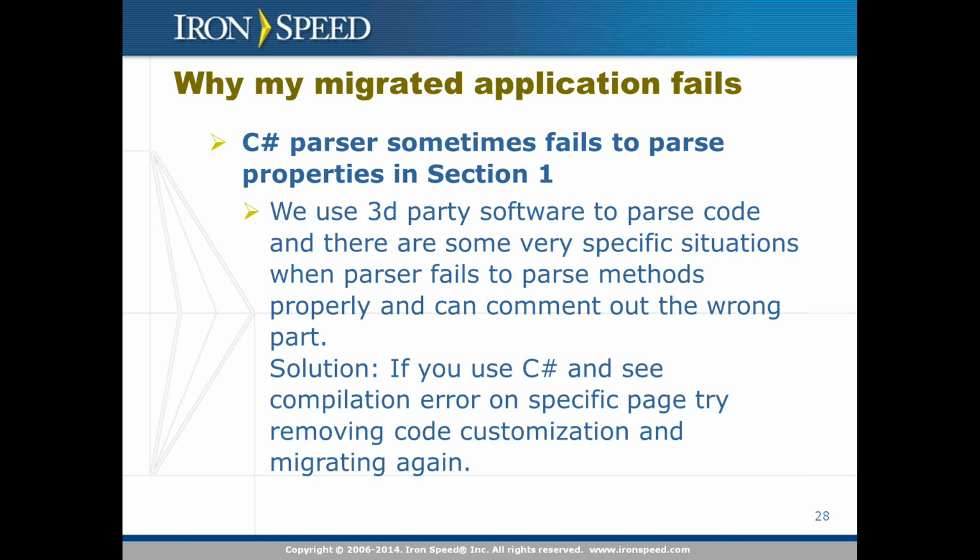If you customized and overrode a property in section 1, you know, in C# a property has get and set methods, and you don't have any empty line or space between the get and set, so the closing bracket is right before the opening bracket, this parser fails. It comments out a portion of it, thinking that it is actually a comment.